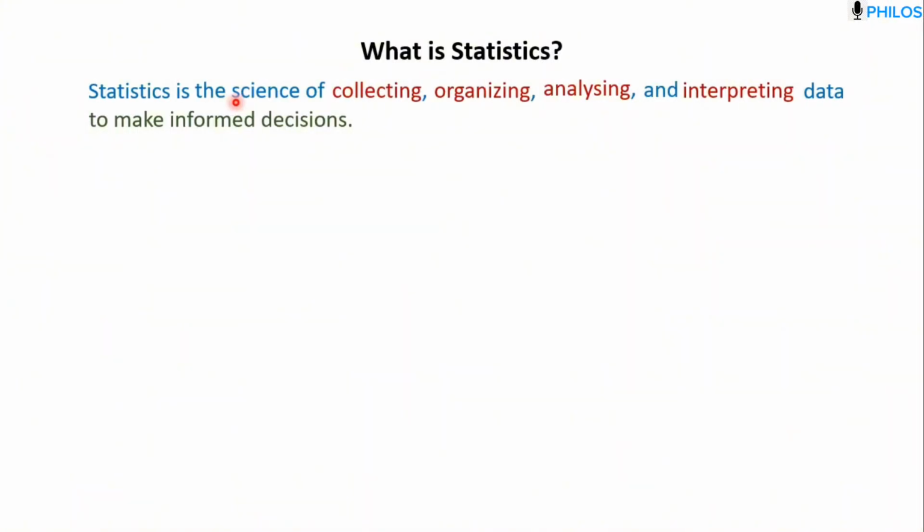So statistics is a science of collecting, organizing, analyzing and interpreting data to make informed decisions. Okay, it is just a way of understanding data and using it to solve problems. So let's take examples so that you can understand this better.